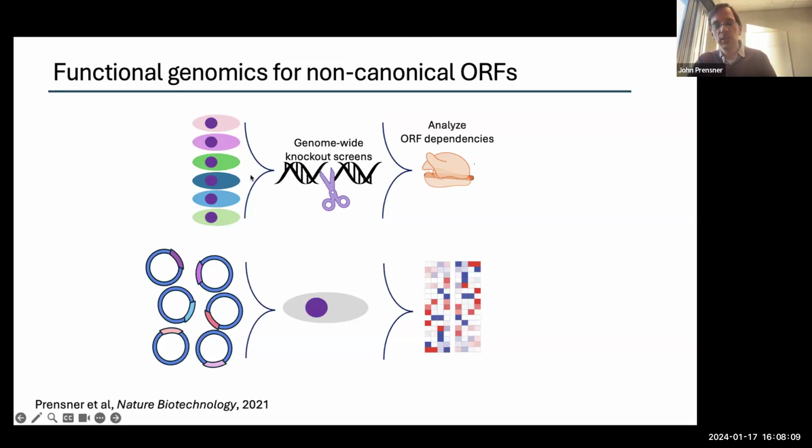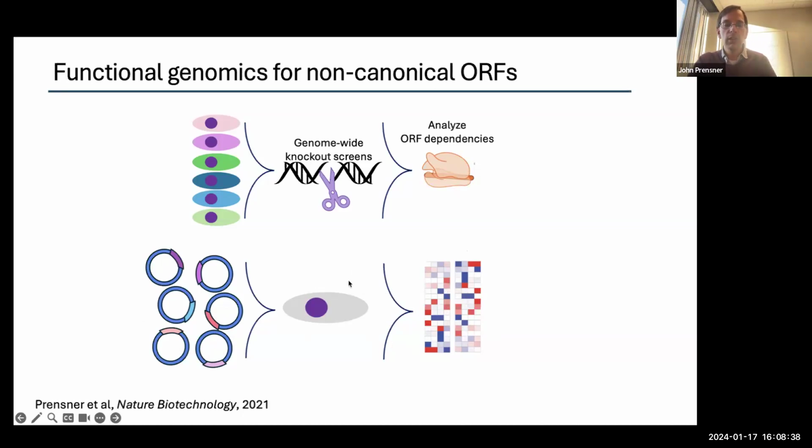And what we did was design CRISPR knockout screens for a large number of these open reading frames and apply those to cancer cell lines and think about how these open reading frames may be required for cancer cell life and viability. We also then developed a large number of cDNA plasmids encoding the open reading frame and looked to see whether that was sufficient to induce gene expression changes in the cancer cells.